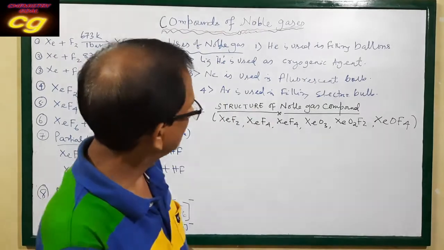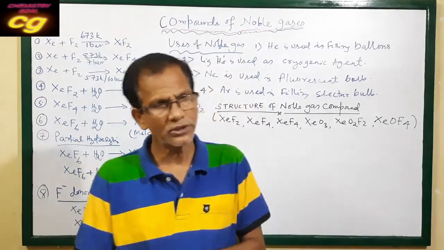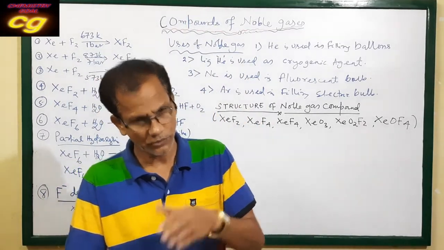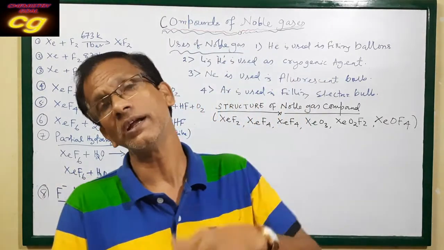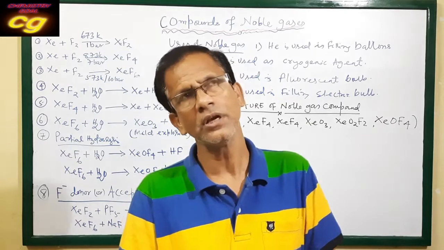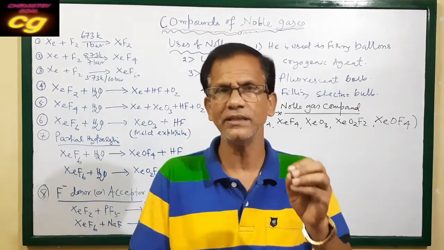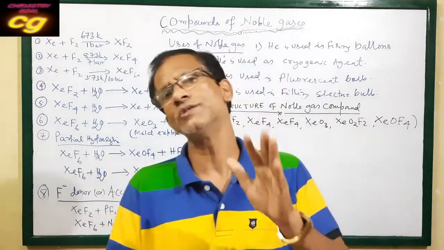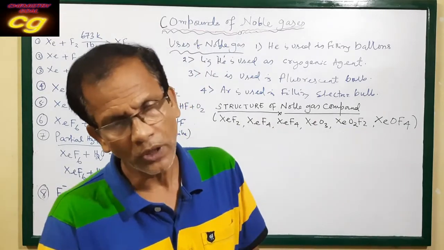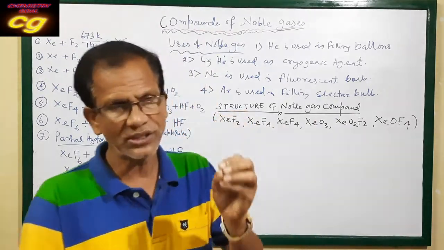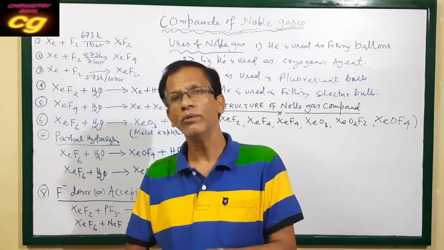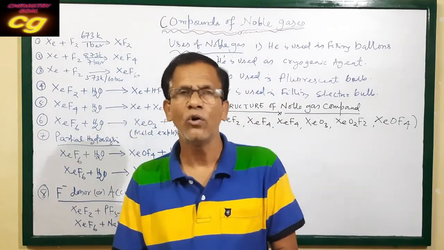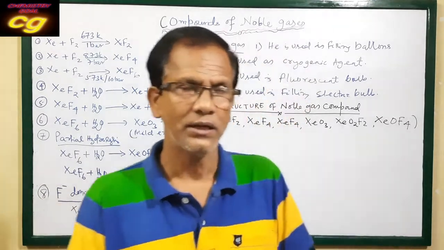But they can react with elements which have high electronegativity, because noble gases have very little tendency to donate electrons. So elements like oxygen and fluorine can combine with noble gases to form oxides and fluorides.